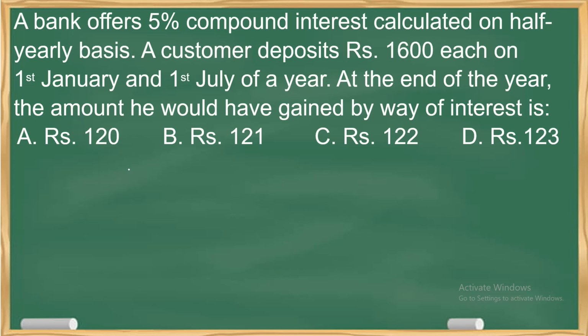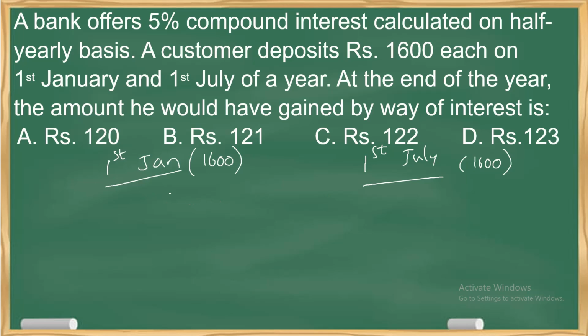So a customer deposits 1,600 each on 1st January. So 1st January, 1,600 is deposited, and on 1st July of that year again 1,600 he is depositing here.